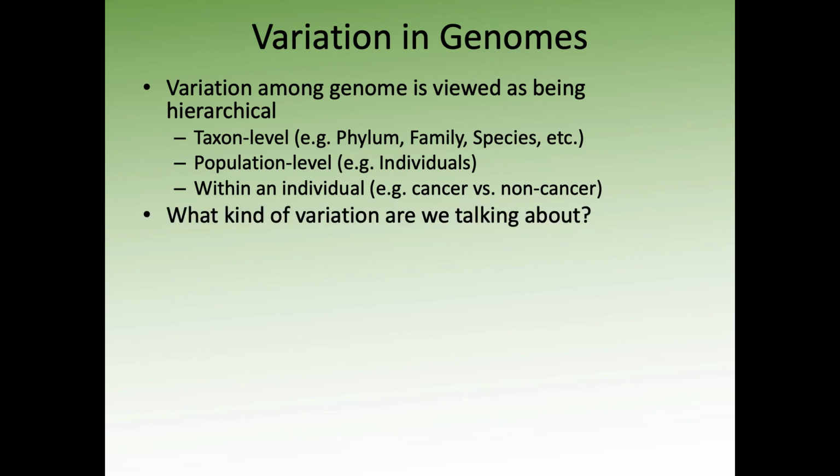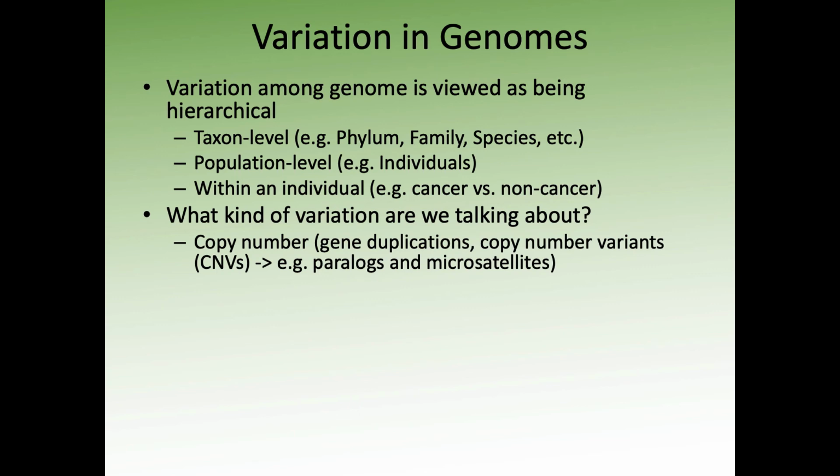So there are all these different types of variation that we can have. When we talk about the different kinds of variation, what are we actually talking about? Well, there are different types of genetic variation. It's really important, as we've talked about so far, that this perception of what is the same and what is different between different things in this comparative framework.